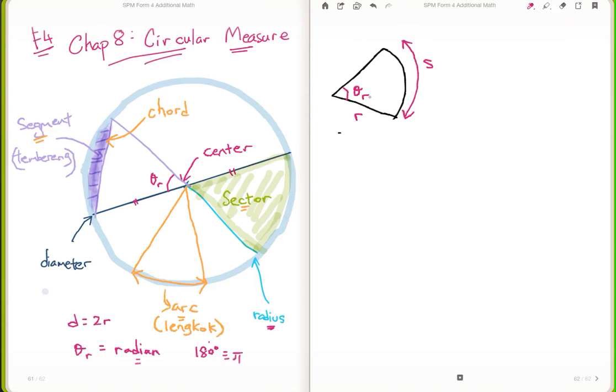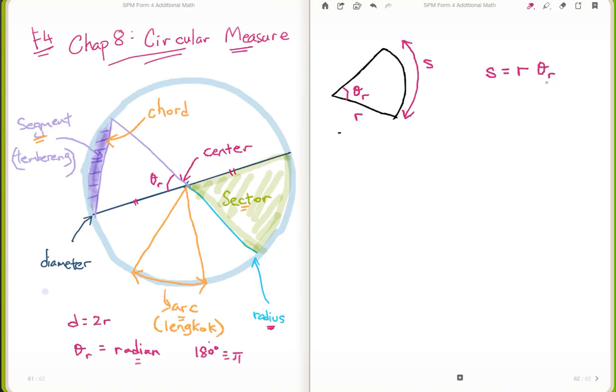The relationship between theta, s and r will therefore be s, panjang lengkok, is equal to r theta in radian. This is the first equation that you should know.